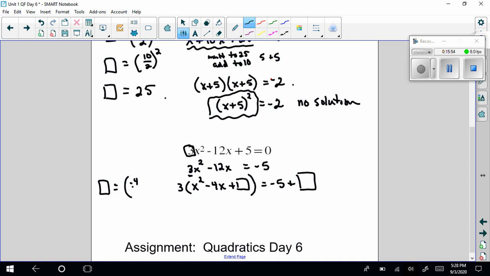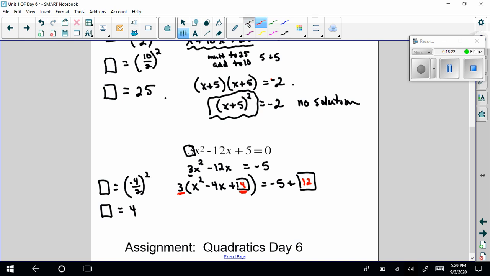So negative 4 over 2 quantity squared. So my box is equal to negative 2 squared, which is 4. So inside here I put a 4. Now you've got to be careful because the box on the right side has to be the 3 times the 4. Since I distribute that 3 in there, this has to be a 12.